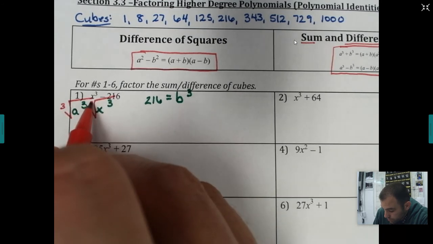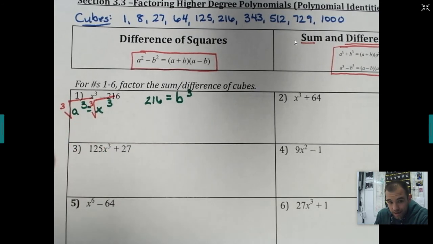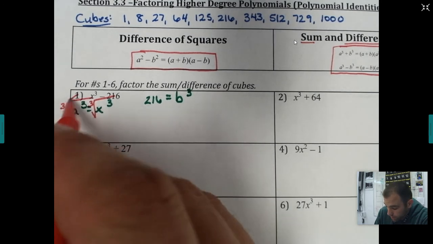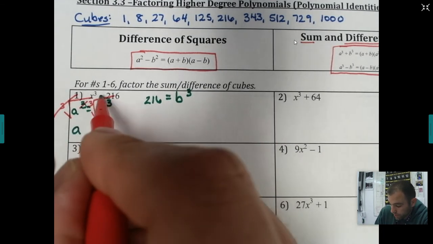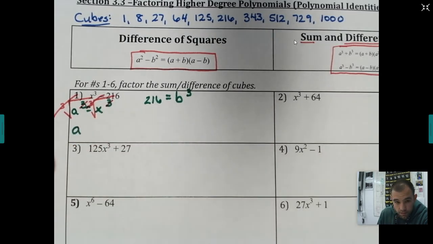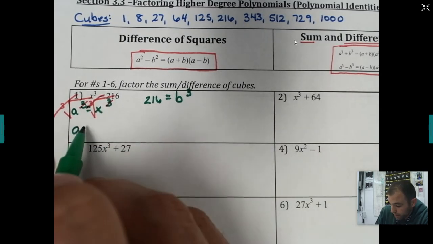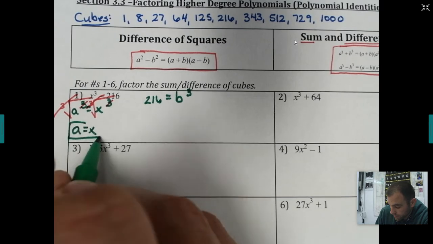So I am going to cube root both sides. The cube root and the cube would cancel out, and I would just be left with a equals x.